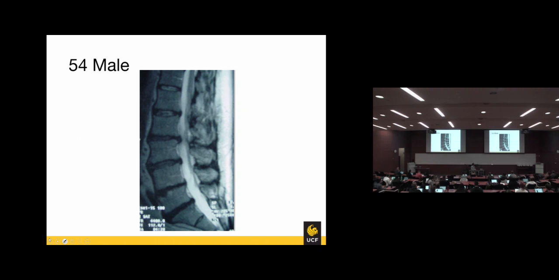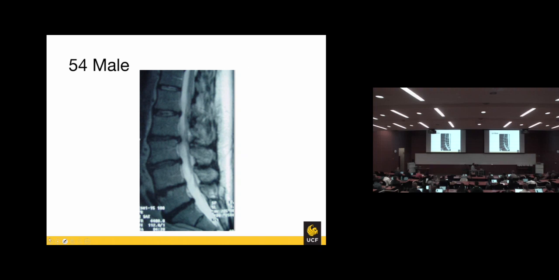Is this a herniation? Probably not, because number one, the signal intensity is pretty homogeneous through here, and 2, it doesn't seem like it's out and away. Okay, so you've got bulging there, you've got bulging there, a little bit there, some down here and some down here, but not too bad.